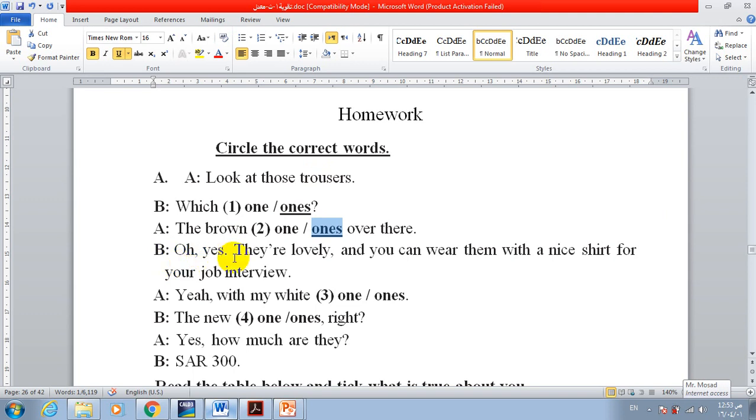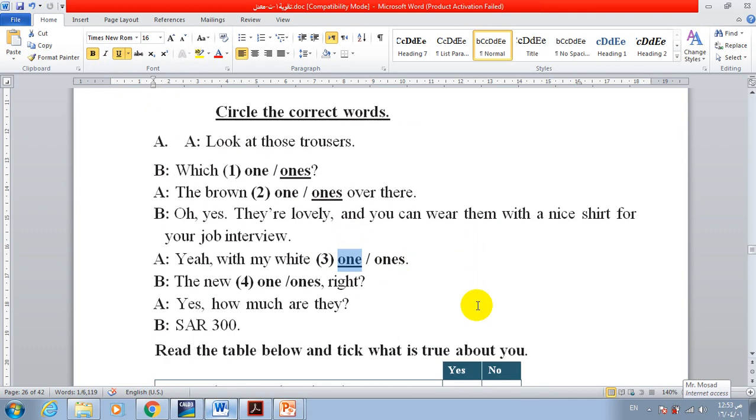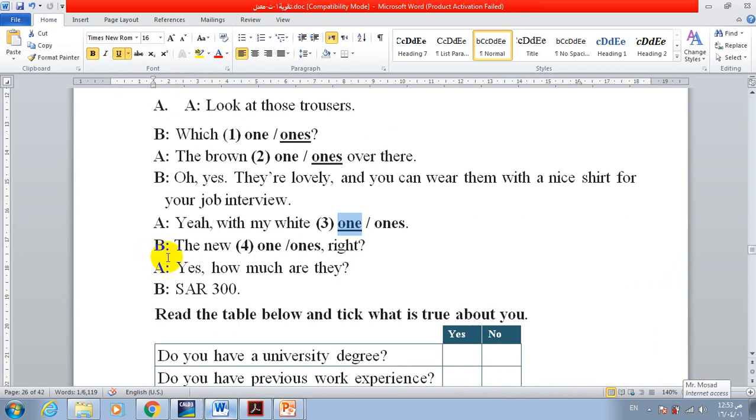B. Oh, yes, they are lovely, and you can wear them with a nice shirt for your job interview. A. Yeah, with my white one or ones. Yes, the right answer here is the pronoun one. Letter B, the new one or ones, right.